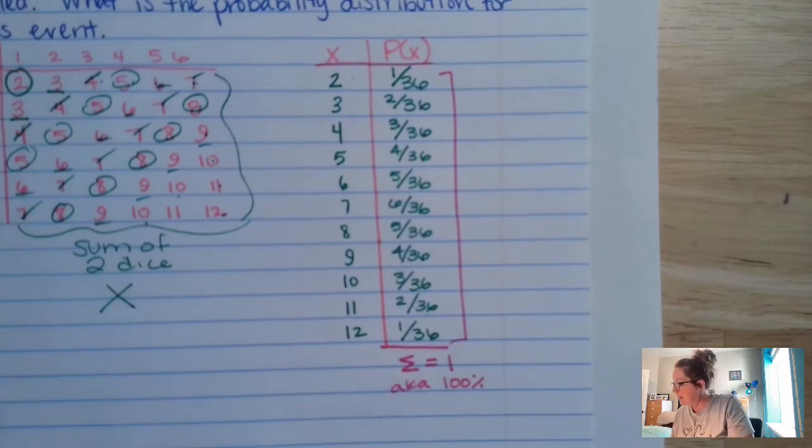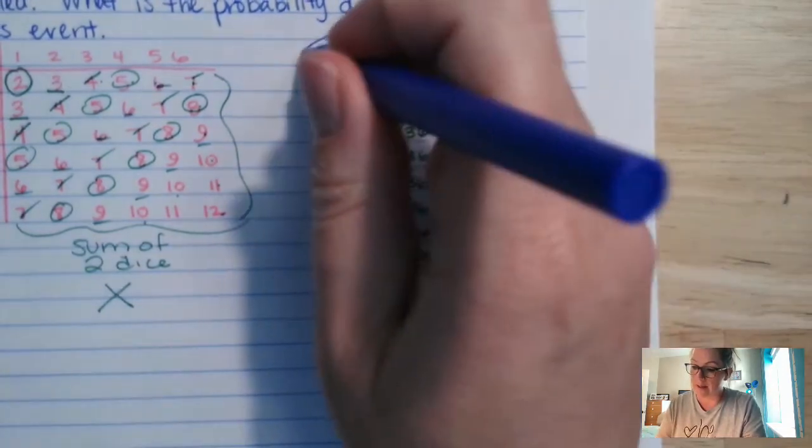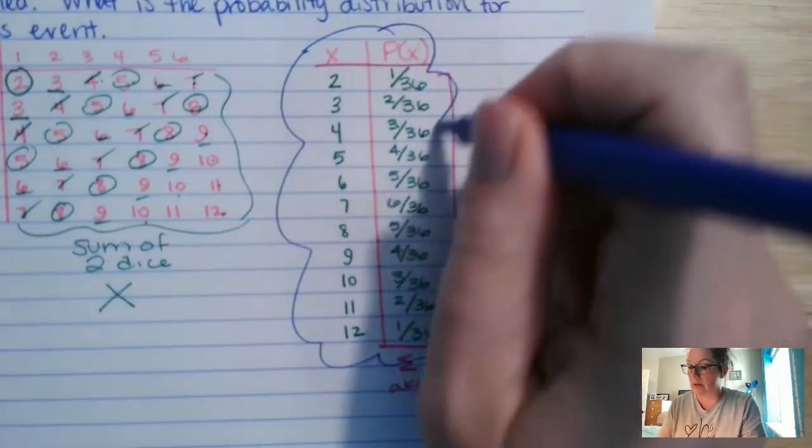Okay, so looking at this chart that we have over here, this is my lovely chart for probability distribution.